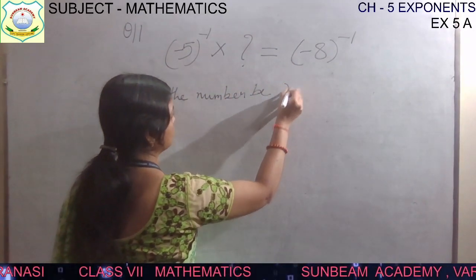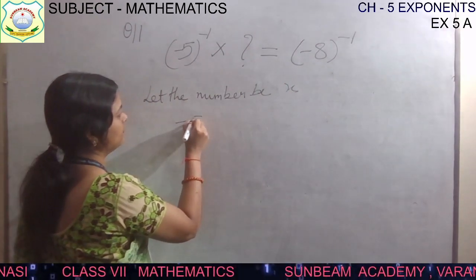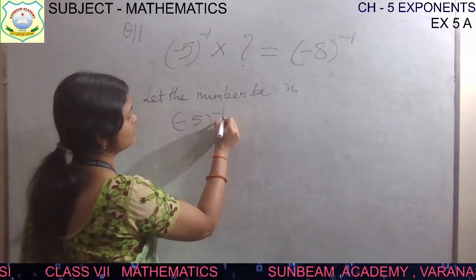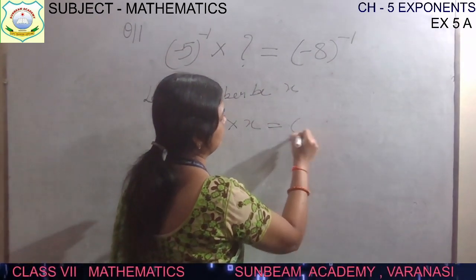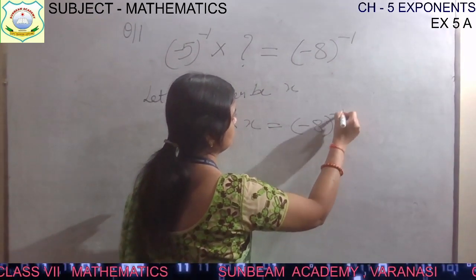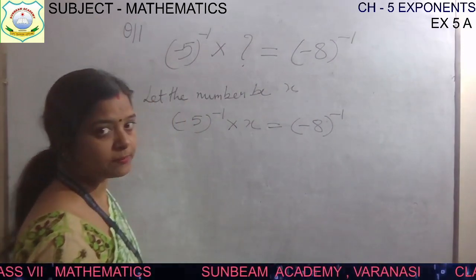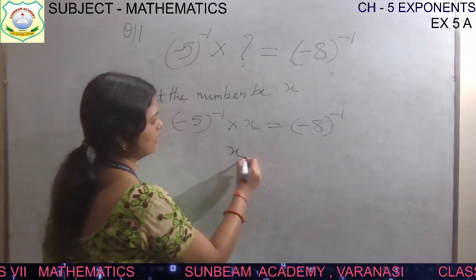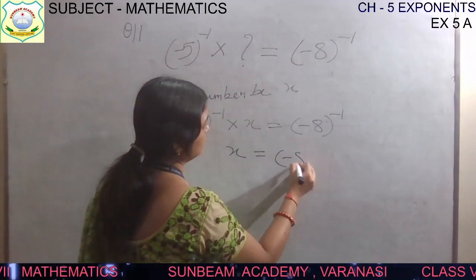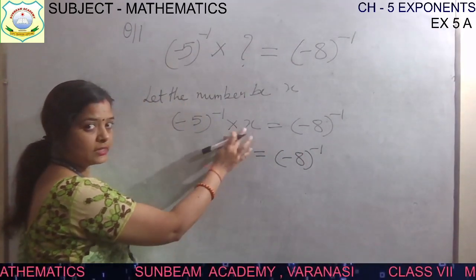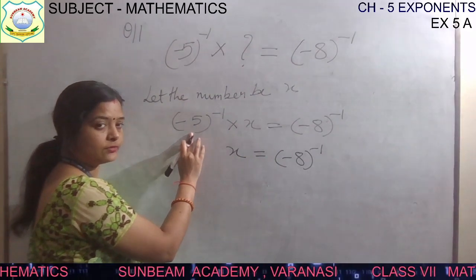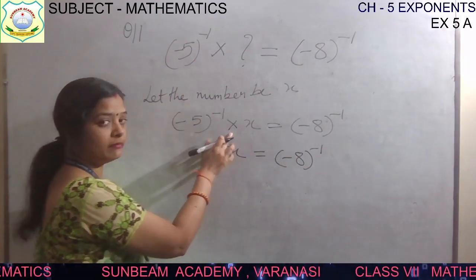So if you multiply minus 5 to the power minus 1 with x, you will write it as equal to minus 8 to the power minus 1. Now next step is, keep x on this side. Minus 8 to the power minus 1 is already on this side. It is in multiplication with this. When it is transposed to the other side, it will be divided.